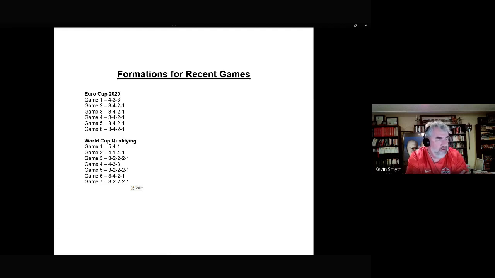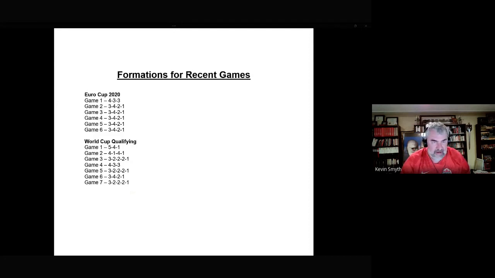Game 4 was a 4-3-3, and the rest were either the 3-2-2-2-1 or the 3-4-2-1, similar formations. So we can say the first 2 are a little unusual. The 4-3-3 we had seen before in Game 4, but 4 of the 7 games were basically the 3-4-2-1.